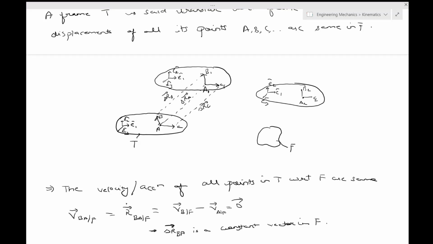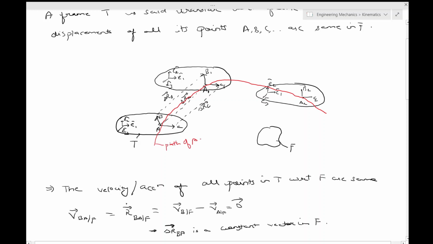So if you see the path of A, okay, I can draw it something like this. So this is the path of A. So path coordinates can also be used for all this, okay. Velocity of A with respect to F, acceleration of A with respect to F, and so on. That can be used over here.